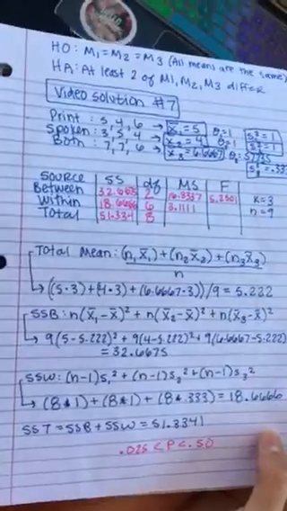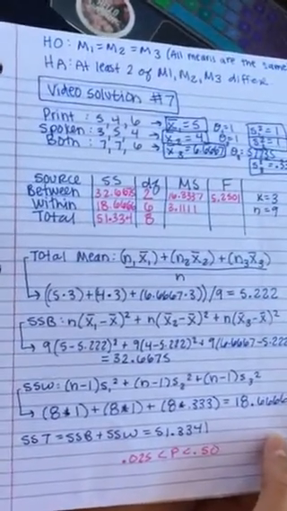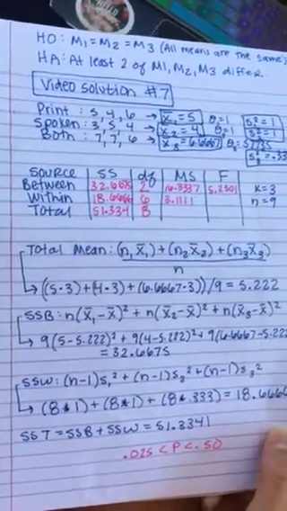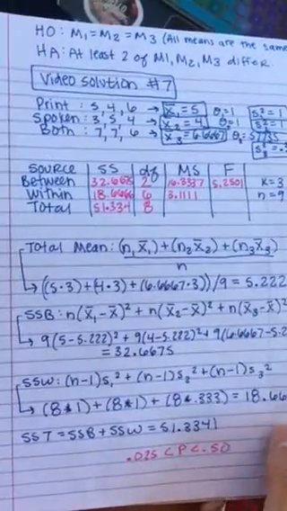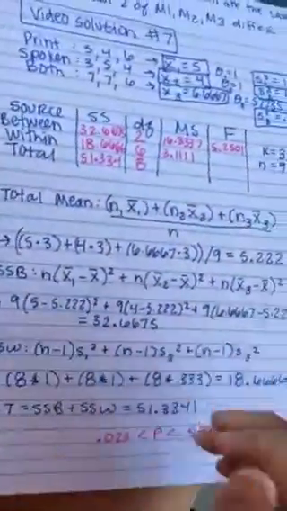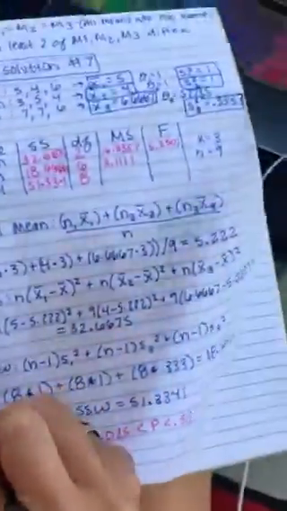So this number is smaller than a 5% level, so we're going to reject the null because it's less than 5%.